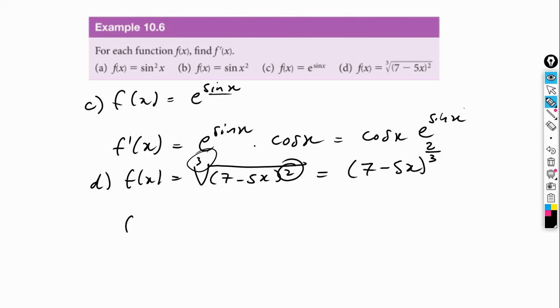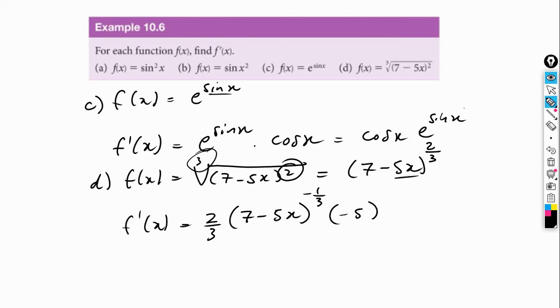Then the derivative would be applying the chain rule. Derivative of the outside, so 2/3 times, leave the inside intact or unchanged, so (7 minus 5x) to the power of 2/3 minus 1. So that's 2/3 minus 3/3, which is minus 1/3. Okay, now times the derivative of the inside, which is just going to be negative 5.